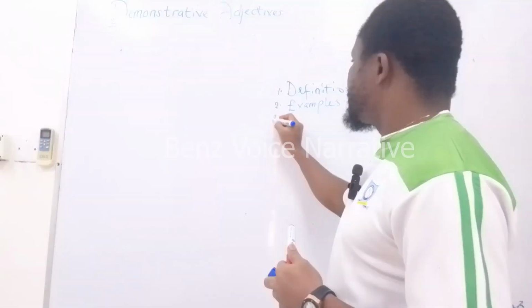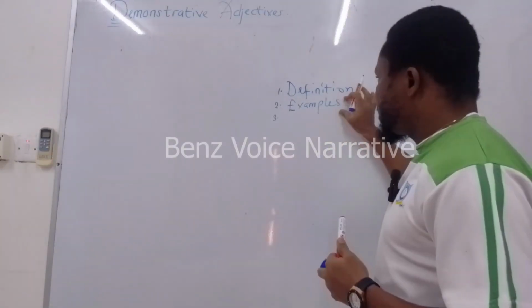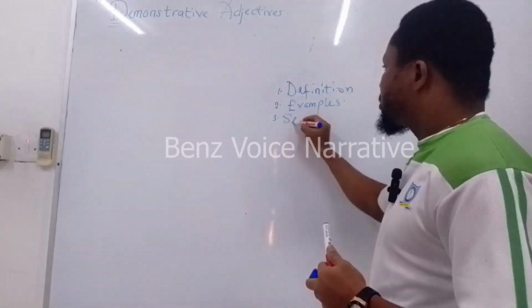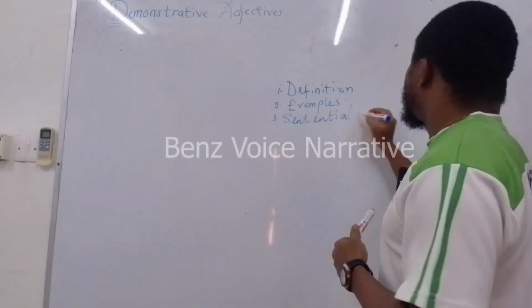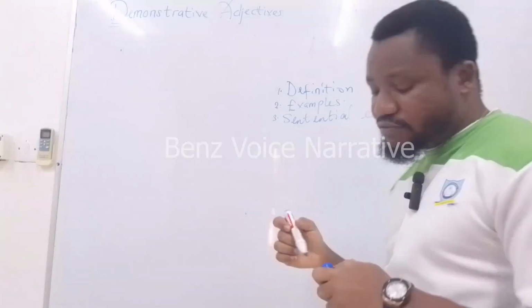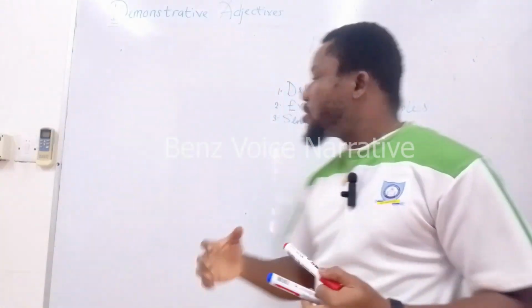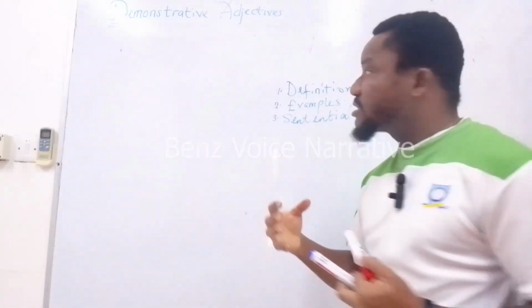And finally, the third objective is we want to exemplify these examples in sentences. So we want to consider sentential examples of demonstrative adjectives. What that means is we want to put all of these examples into sentences, okay?